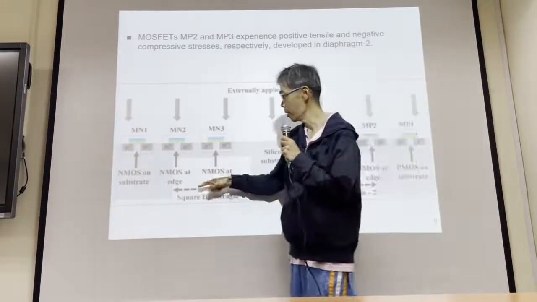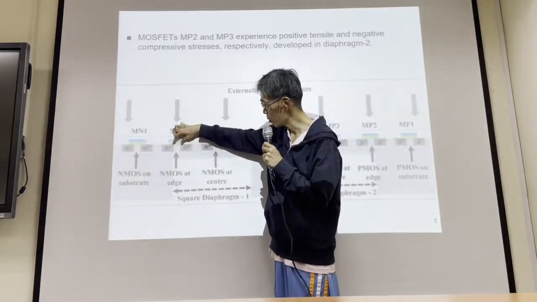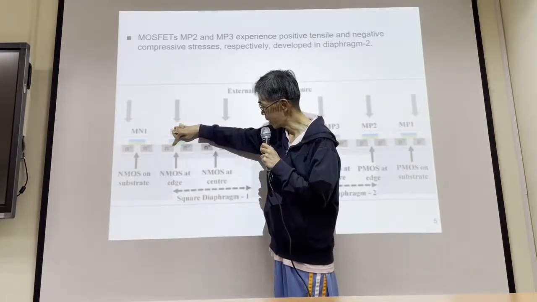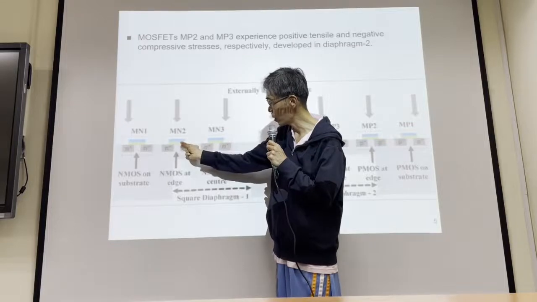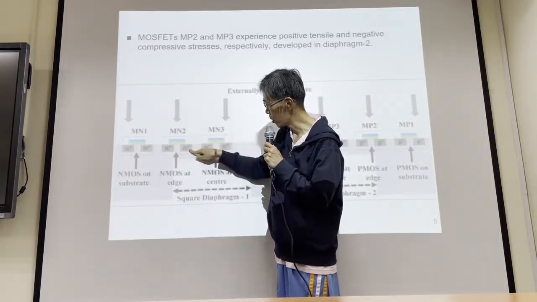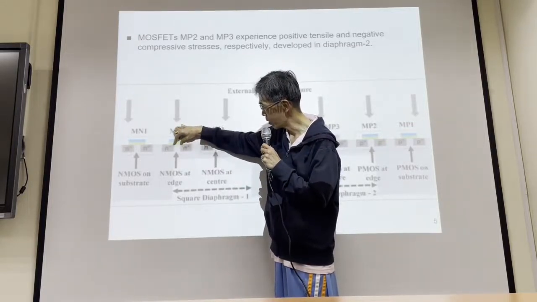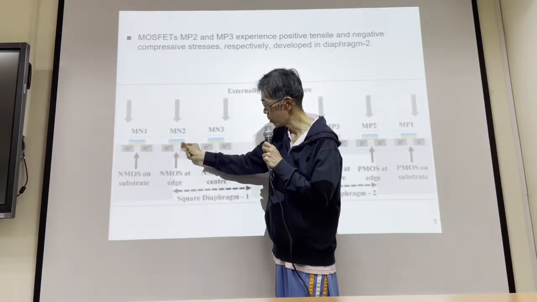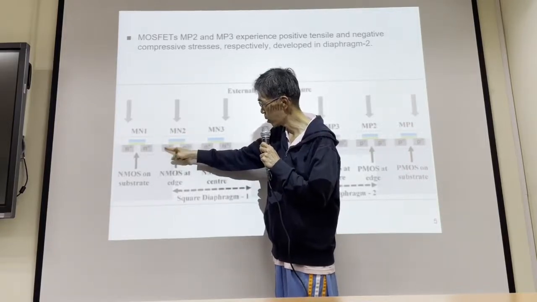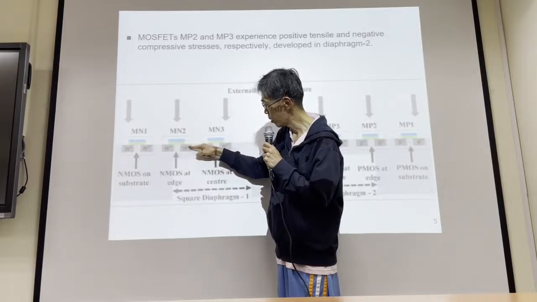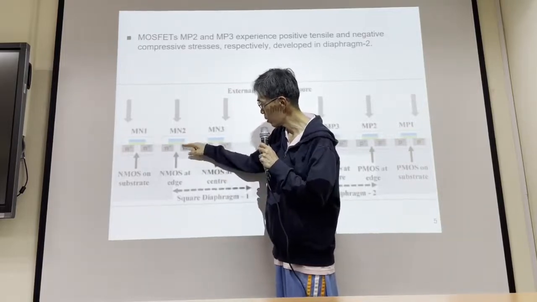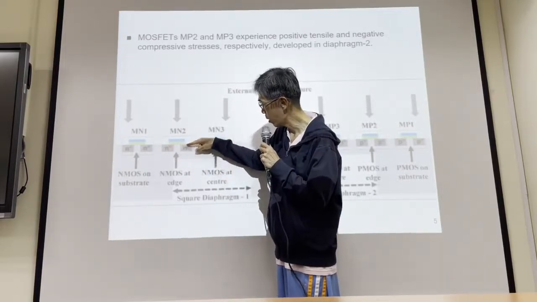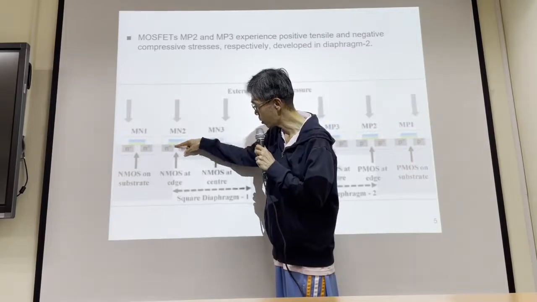So just imagine we had length L, we had width W for the transistor. So the length L and width W will influence the current. So electron goes this way and holes goes this way.